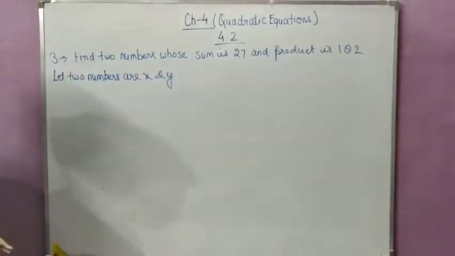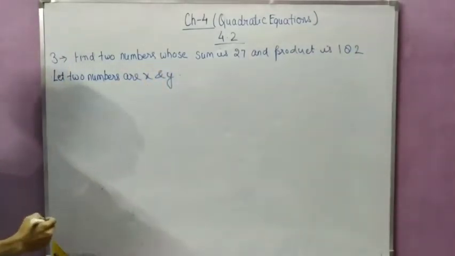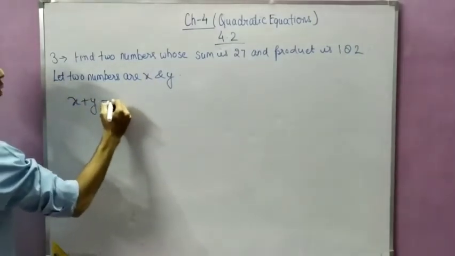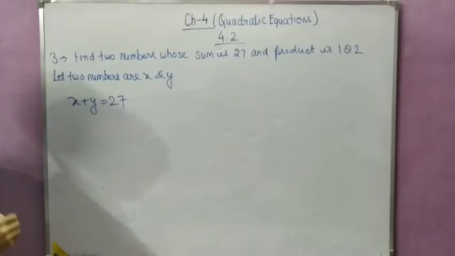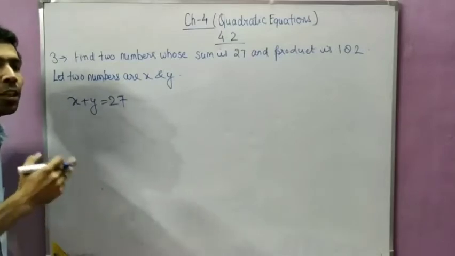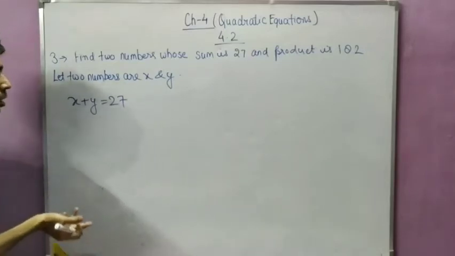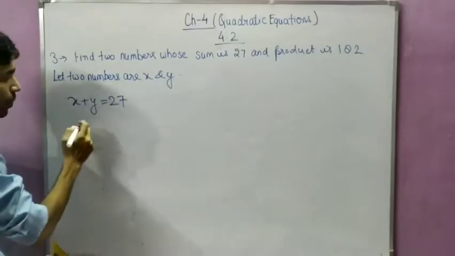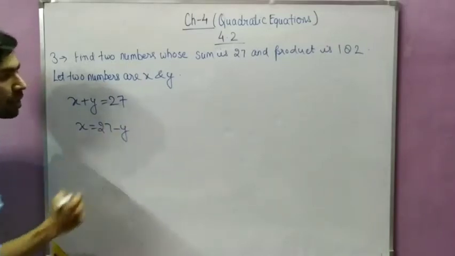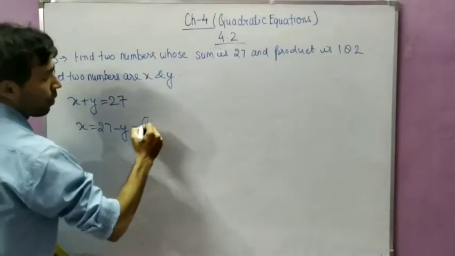The sum is given, so x plus y equals 27. Now you can take the value of any variable in terms of another variable. I am taking the value of x, so x will be equal to 27 minus y. This is our equation number 1.